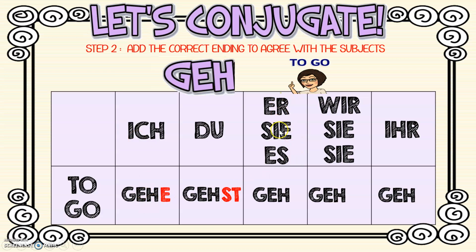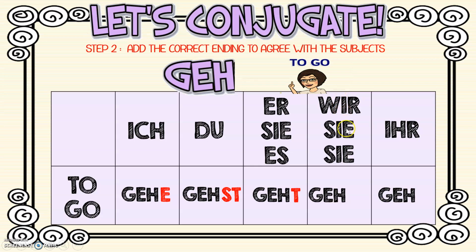He goes, she goes, it goes. Er, sie, es geht. This one you can remember if you think to yourself, he, she, it. The last one ends in T. Geht, sie geht, es geht.